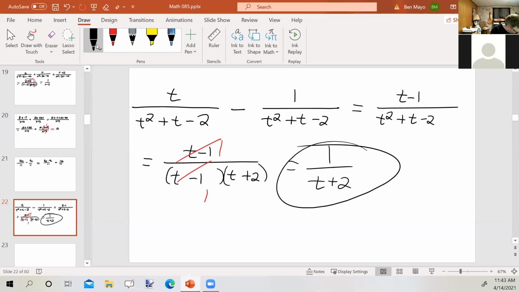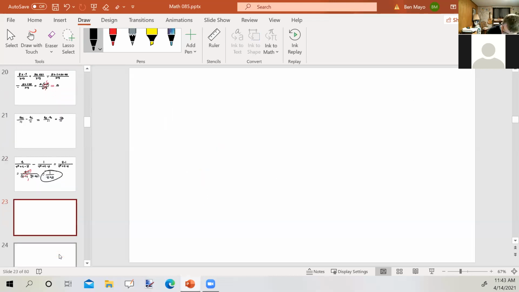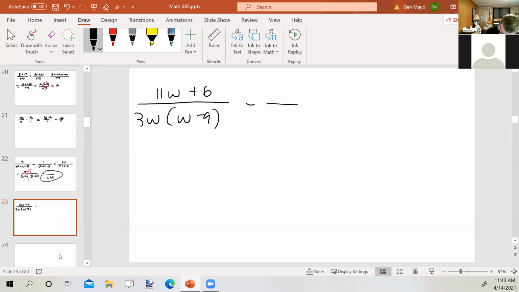Ready? Let's see here. 11w plus 6 over 3w times w minus 9 minus 11w over 3w times w minus 9.